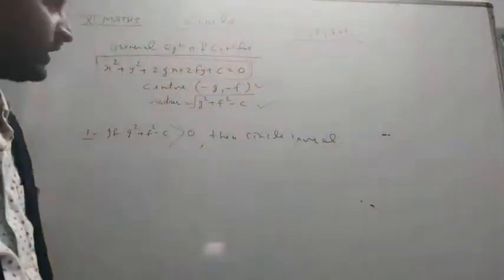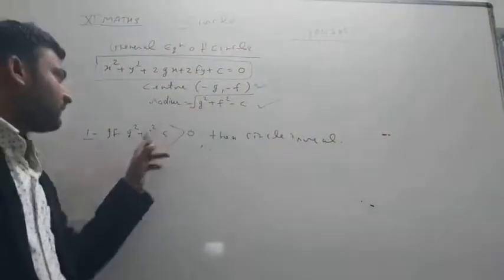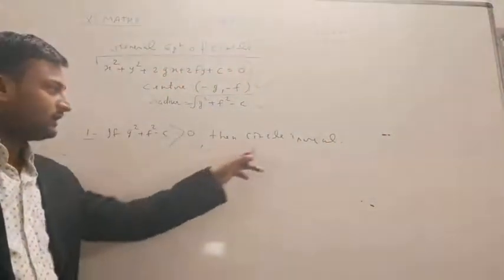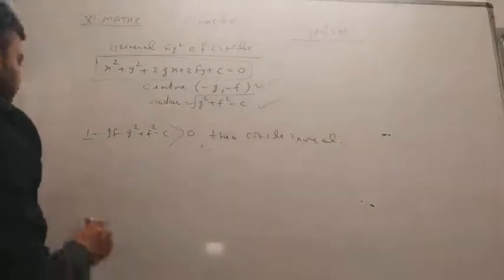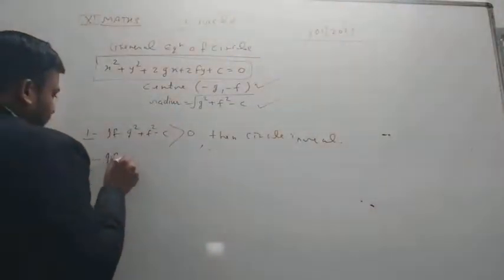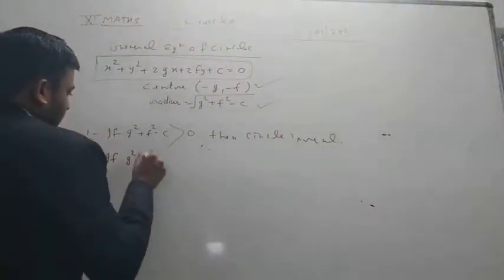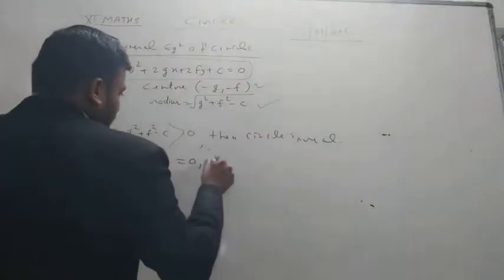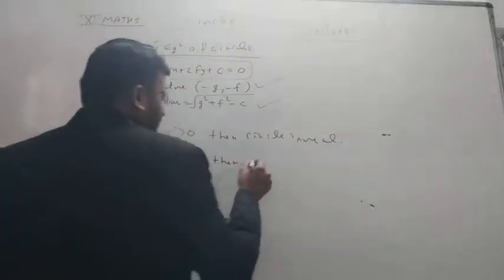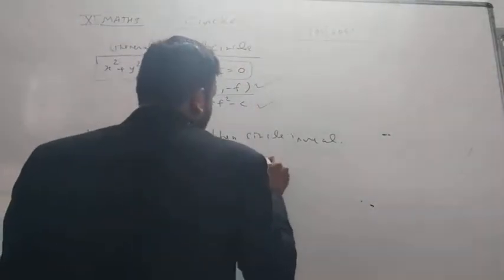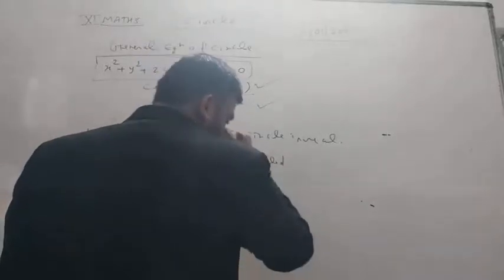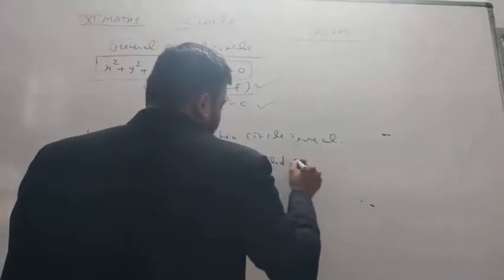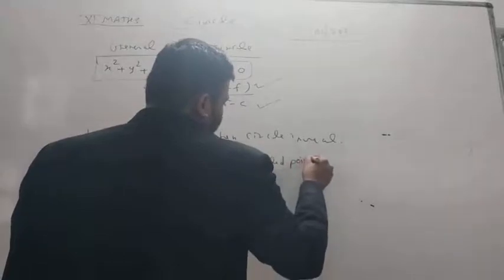And if this g square plus f square minus c is equal to 0, then the circle is called point circle.